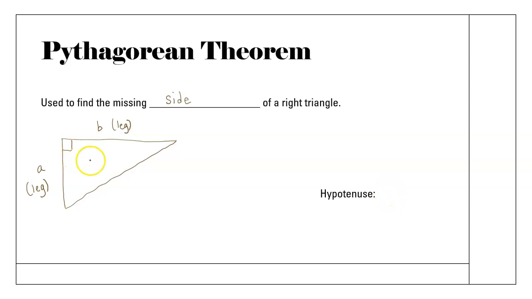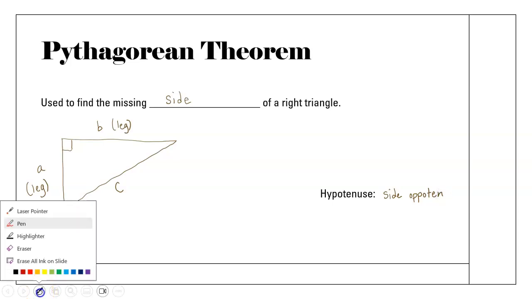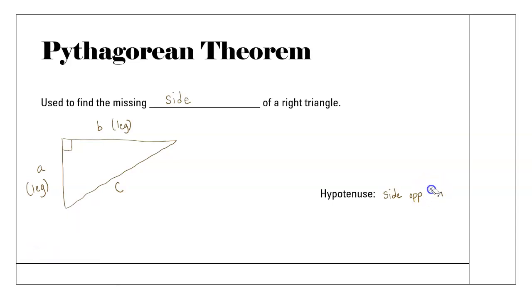We have to put C on the longest side, or the side opposite the right angle, which is called the hypotenuse. So the hypotenuse is the side opposite the right angle.